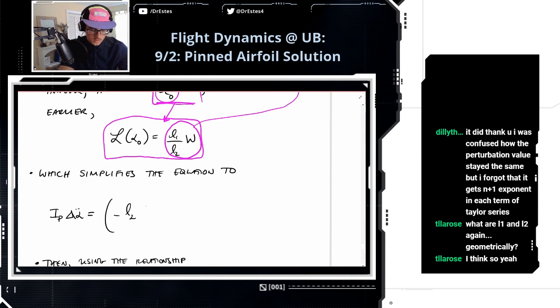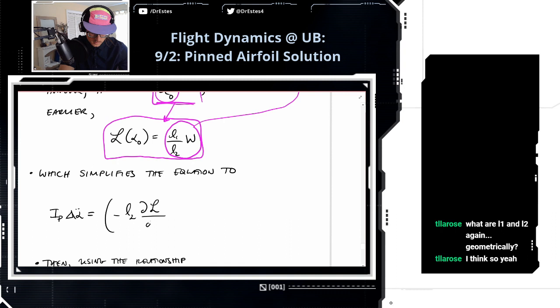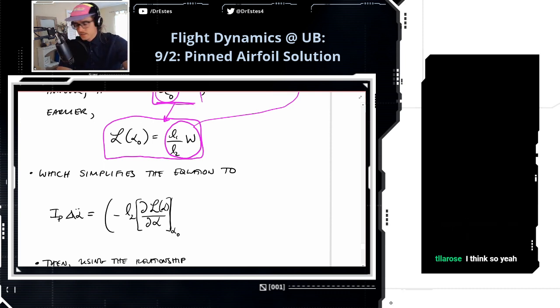Minus L2, the derivative of the lift, and let's put function of alpha in there, and then we're going to evaluate this partial derivative at whatever equilibrium angle of attack it happens to be, times delta alpha, minus this moment coefficient times the perturbation in that elevator angle.